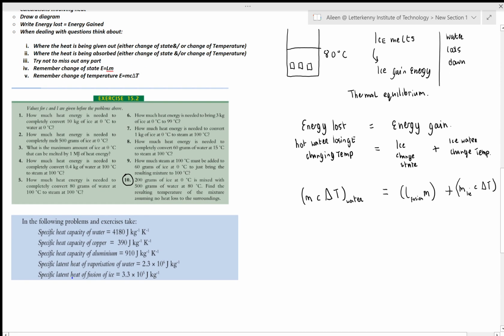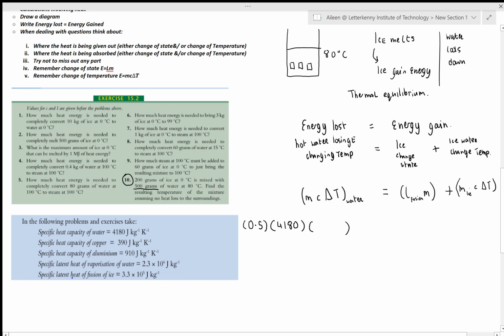Okay, now that we have our equations, we must fill in the values that we know. Starting on the left-hand side, m, our mass, is the mass of our water. We're told that the mass of our water is 500 grams. This must be converted into kilograms. Dividing by 1,000 gives us 0.5. c, our specific heat capacity of water, is 4180, times the change in temperature of the water.